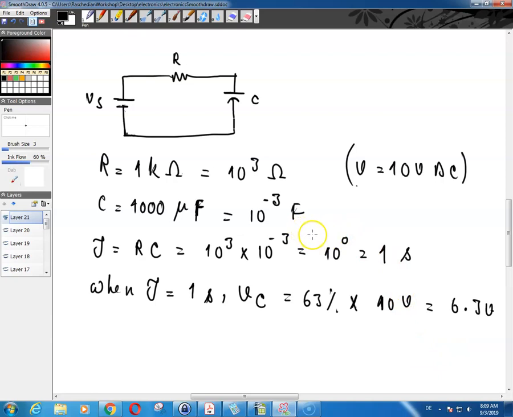Now you want to calculate how long it takes the capacitor to fully charge. Now for the capacitor to fully charge, you need 5 time constants.